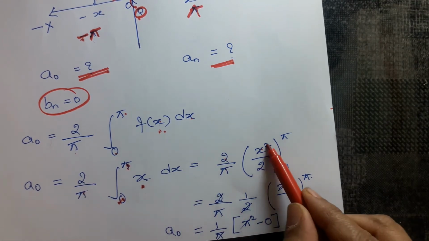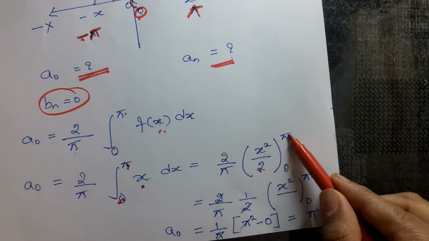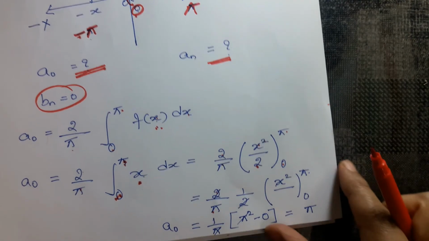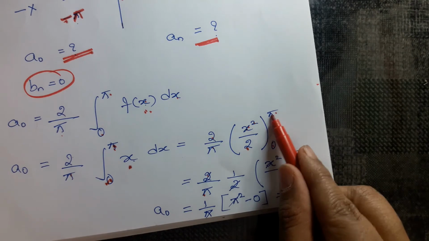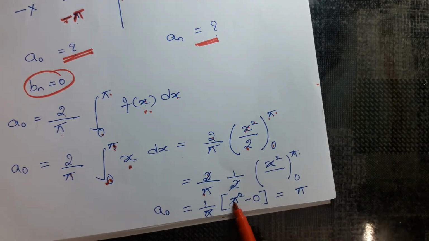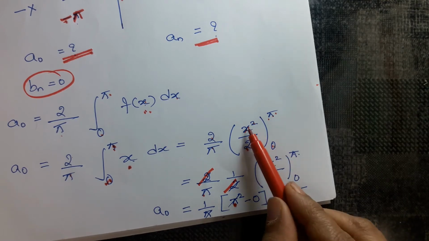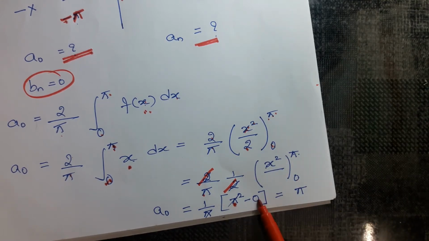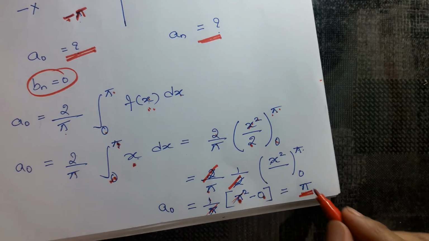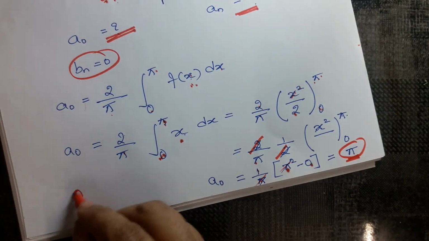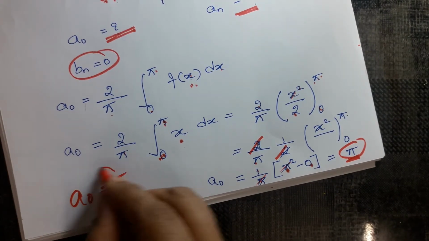Integration of x is x square by 2, limit 0 to pi. 2 by pi as it is. Substitute the limit. Upper limit is pi, so I will get pi square. 2 and 2 you can cancel. Lower limit is 0, if you substitute, it is 0. You will be left with 1 by pi square. Pi and pi go, you will be left with one more pi. So what is the value of a0? I will get a0 as pi.